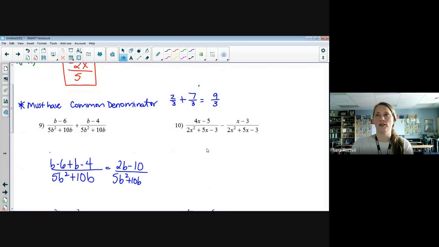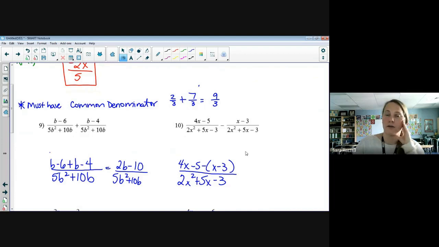So let's check out number 10. Are the denominators the same? Yep, so I'm going to go ahead and write that denominator down. I know that's what I'm sticking with. And I'm going to write my numerator. I always put parentheses around the stuff that's coming in the second numerator because the negative is going to apply to both of those.